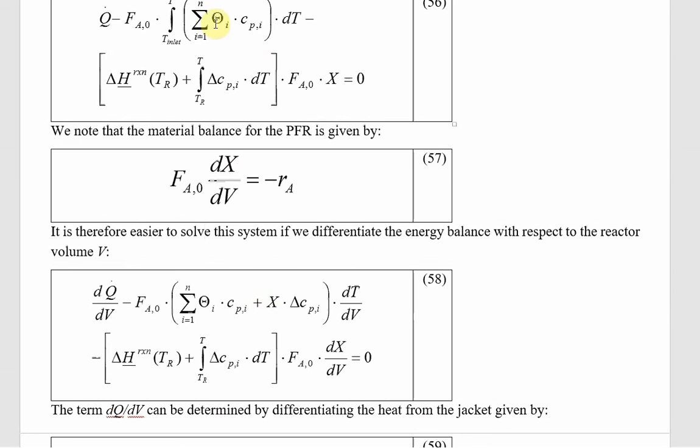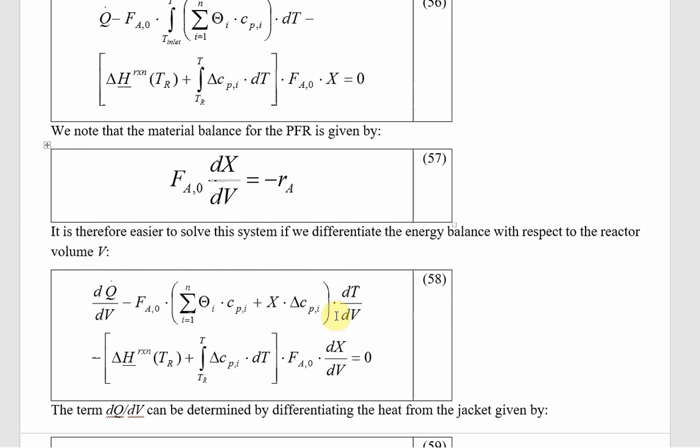And then the rest of it, of course, if we differentiate this part in the temperature differentiation, that's 0. But then we are differentiating this x with respect to V as well.